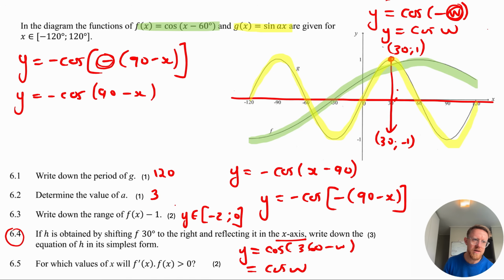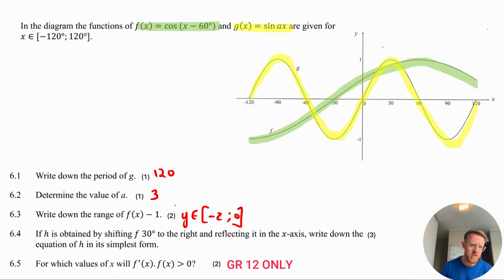And then I know that cos of (90 minus x) is a co-function, which just becomes sin x. But now they wanted us to call that h. So h of x will be negative sin x. Okay, and now this last question, let's just write out the answer that we got here. So we said h of x was negative sin x.